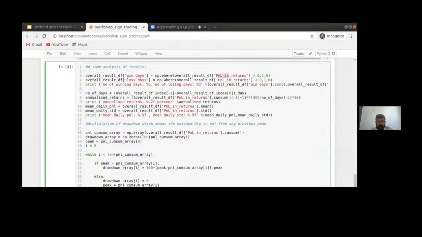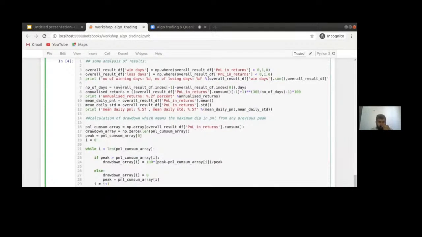For this, I have a cutoff: PNL should be more than zero, then I am making a profit. The number of loss days is when I had a PNL less than zero. And then I print these values, number of win days and number of loss days.